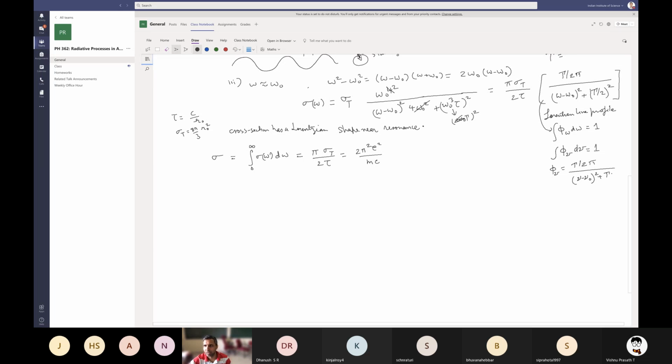Right, so frequency omega equals nu by 2 pi. So there will be these factors of 2 pi here and there, like a 1 by 2 pi squared. Let me just call this tau star.